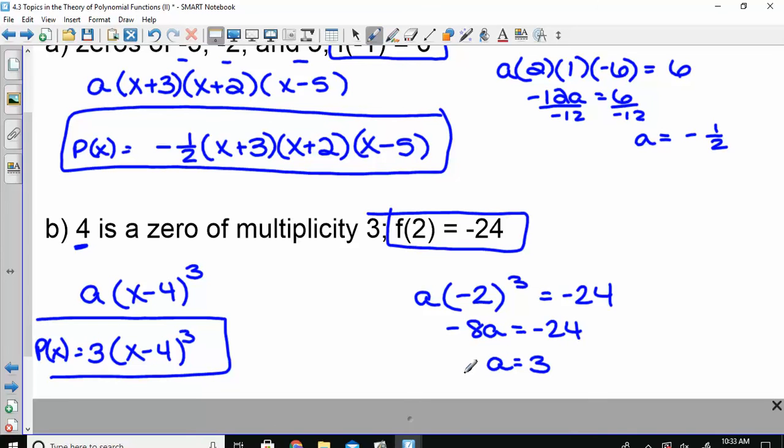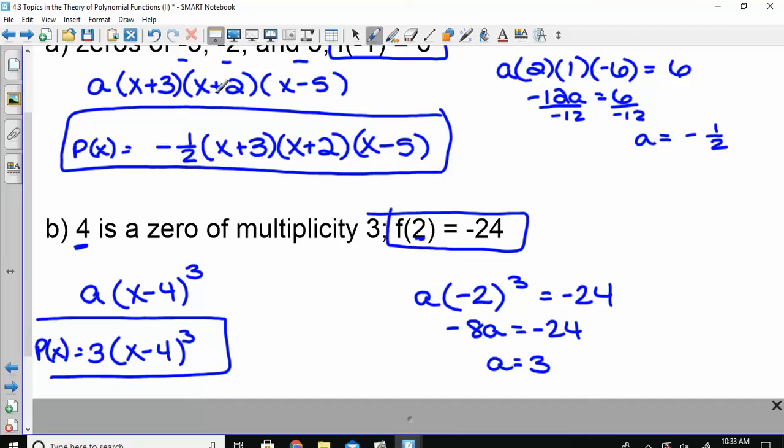Any questions there? I plugged in 2 for my x, so 2 minus 4. Alright.